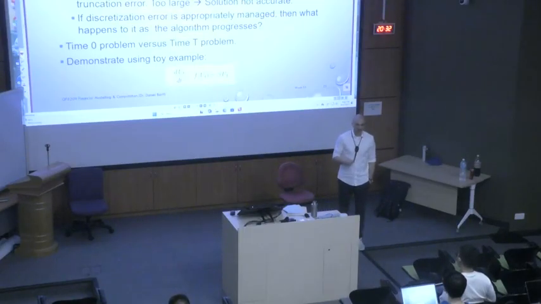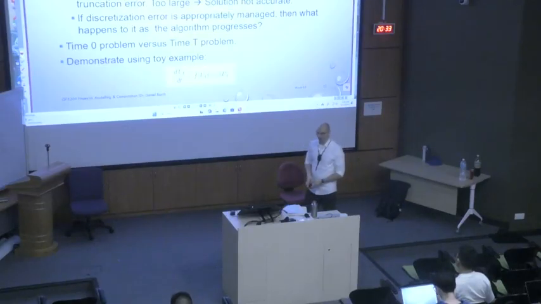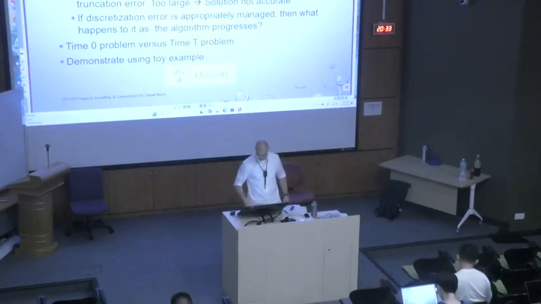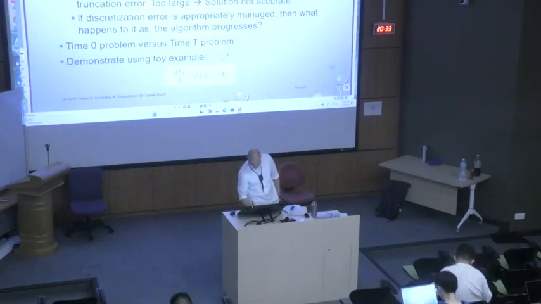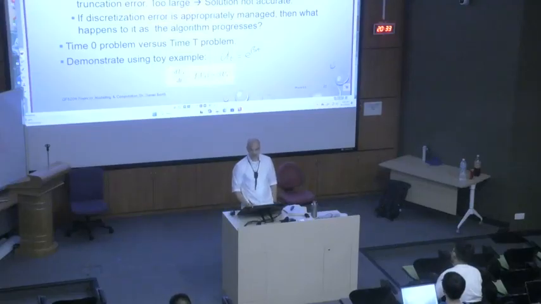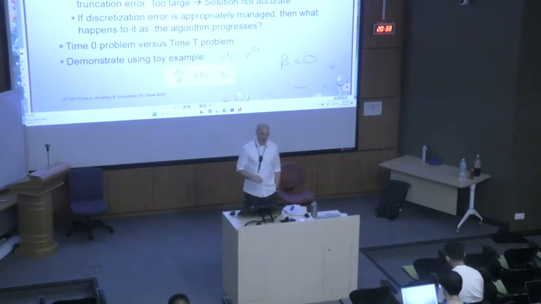To make it even more simple, I will consider a linear ODE. We all know what the solution is: u(t) is e to the beta t, say if u(0) is 1. And finally, I'm going to restrict myself to beta smaller than 0. Beta is negative.